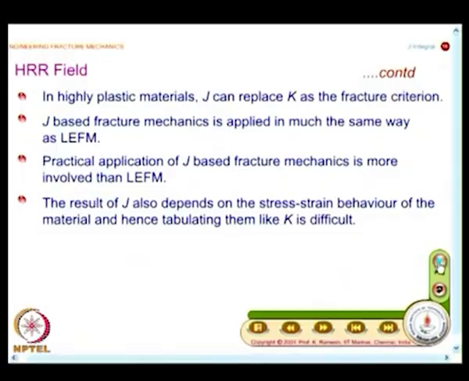We had seen for a variety of geometry what is the value of K, very similar to stress concentration factor, you are able to do it. But here if you have to evaluate J, material behavior also plays a role. So, tabulating them like K is difficult. You have to do exhaustive numerical computation and then obtain for each of your configuration.